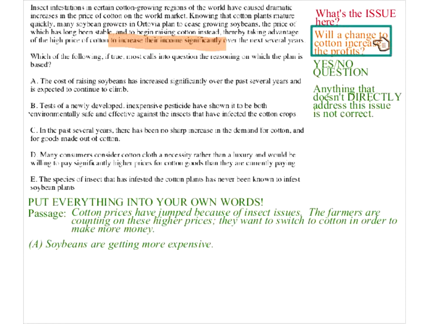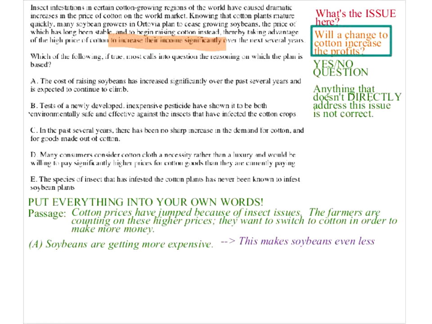It may not lead to increased profits, but this helps this decision because what this means is that you're going to get even less profit from soybeans. So this makes soybeans even less profitable. It doesn't directly affect the issue of whether cotton will increase your profits, because even if this is the case, it doesn't affect how much money you're going to make from cotton.